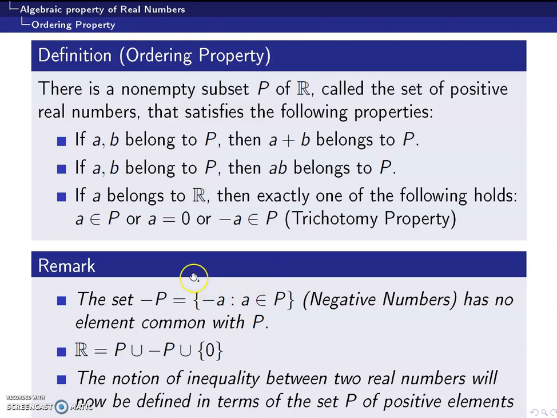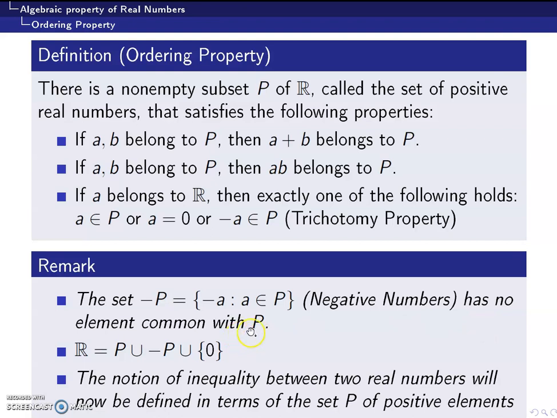There are some remarks which relate to this. The first one is the set minus P, which is called the set of all negative numbers, which is the set of all minus A where A belongs to P. The additive inverses of all the elements in P are called the negative numbers, and every element has a distinct additive inverse.